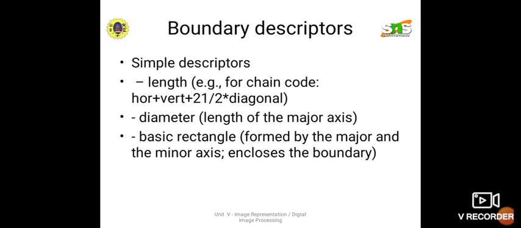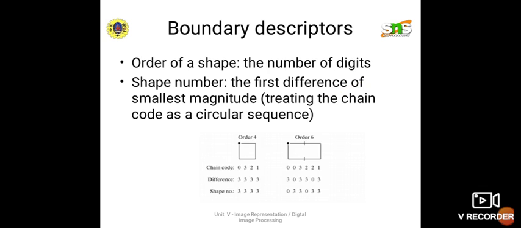Next, we have other types of descriptors, boundary descriptors. For simple boundary descriptors, we can use length, diameter, and basic rectangles. Another boundary descriptor is the shape number. The order of a shape number is the number of digits we use.